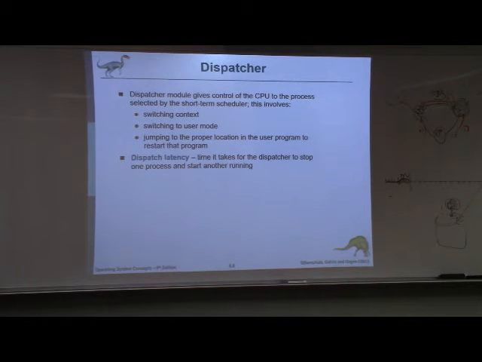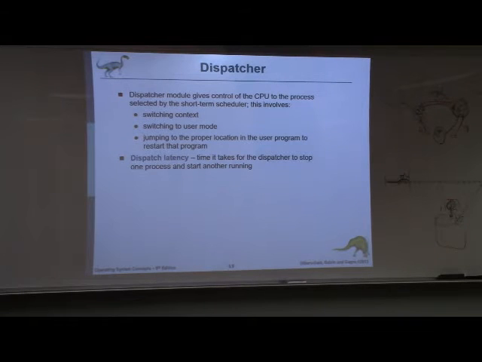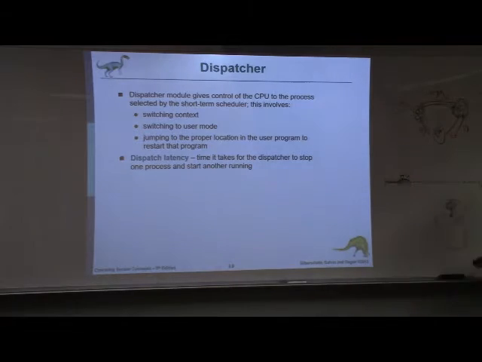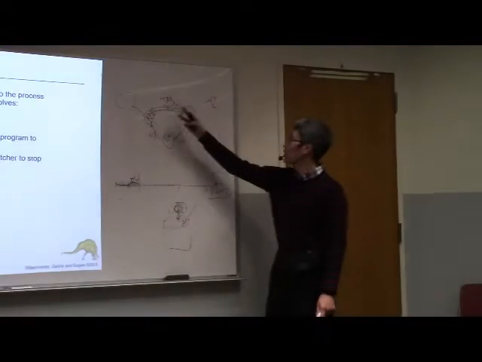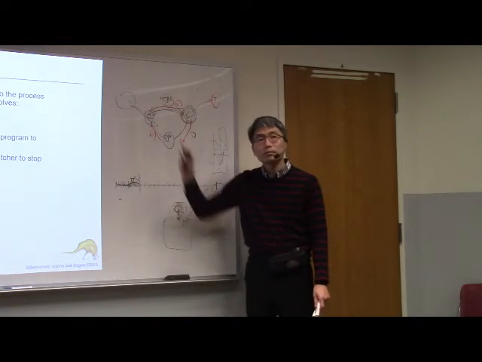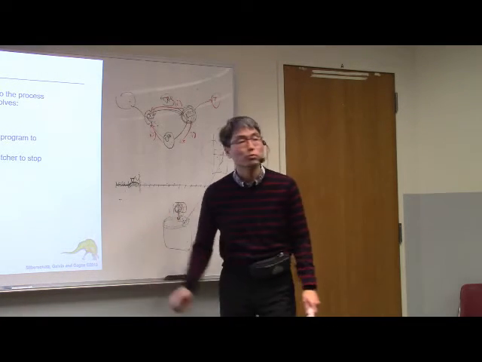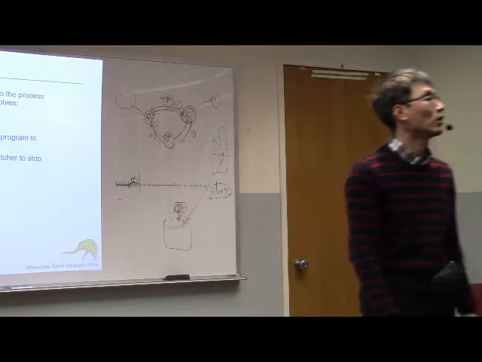Then the dispatcher is an operating system module to implement such the CPU scheduling algorithm, that includes what happens when the CPU scheduler dispatcher selects the next process. We need to do the context switch. What is a context switch?